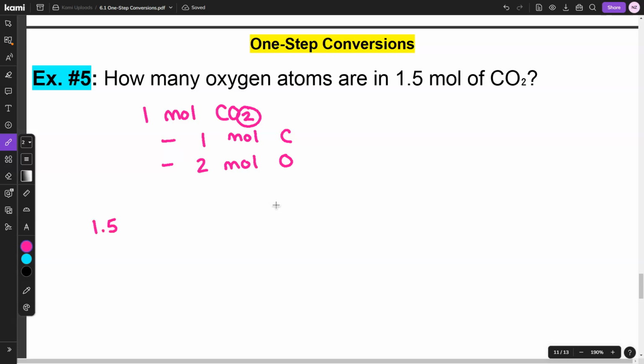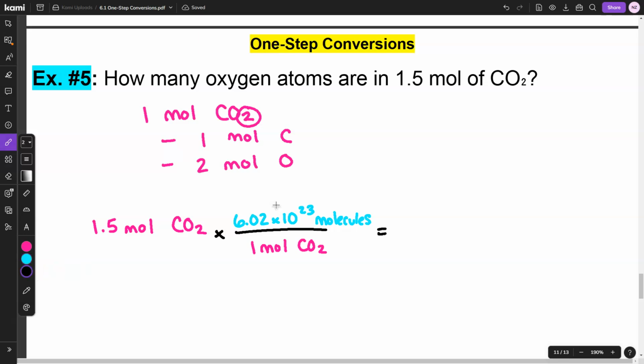So 1.5 moles of CO2. And let's convert that to atoms. Moles are in the numerator, so my 1 mole is going to go in the denominator. Avogadro's number is going to go in the numerator. All right, and these are going to be molecules because it's CO2.